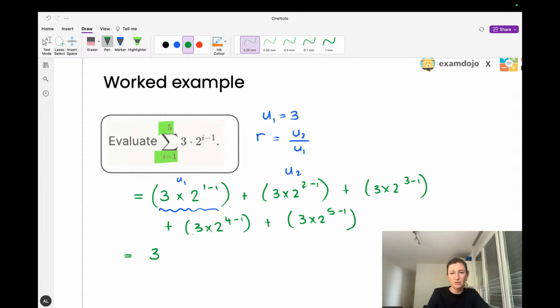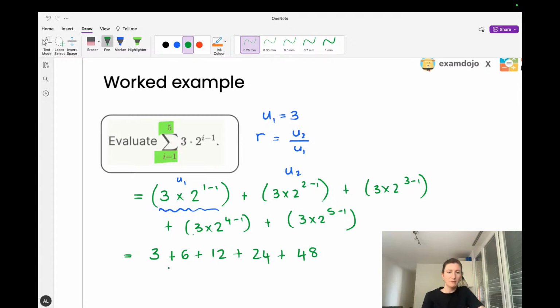Then 2 to the power of 1 is just 2, so that is 6. 2 to the power of 2 is 4 times 3, which is 12. You can see here how we're multiplying by 3. 2 to the power of 3, so that's 8 times 3 is 24. And 2 to the power of 4 is 16 times 3, which is 48.